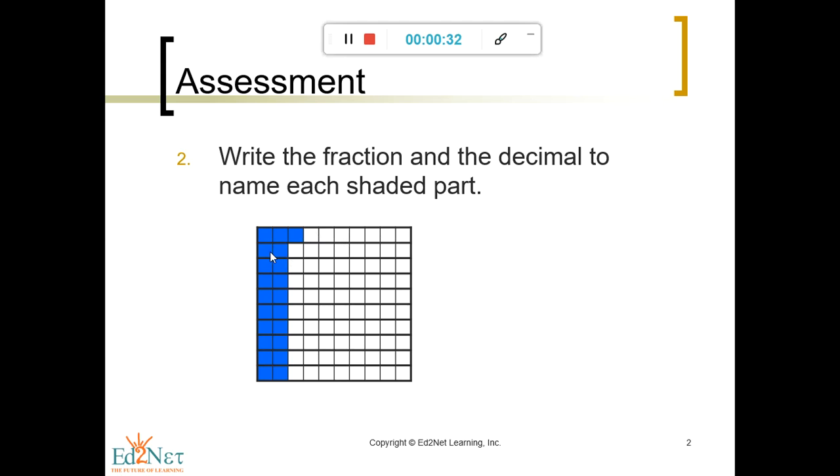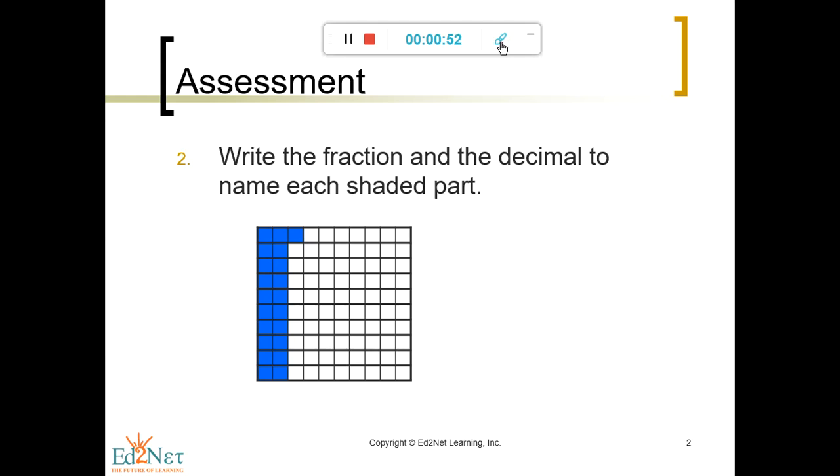As you can see here, this is what we represent by hundredths. We have 100 hundredths. So to write it as a fraction, we count how many hundredths we have shaded. If we count them, 10 plus 11 equals 21.